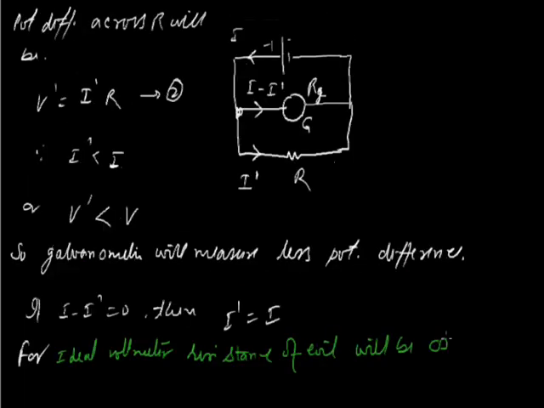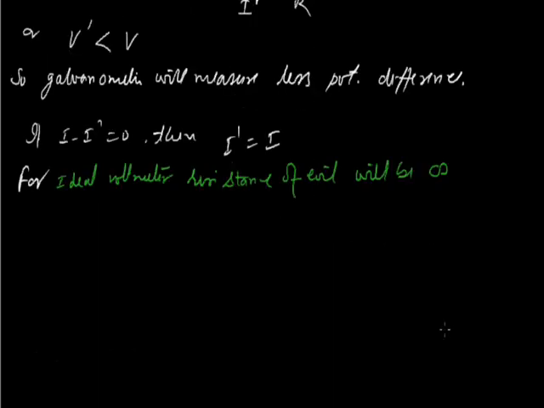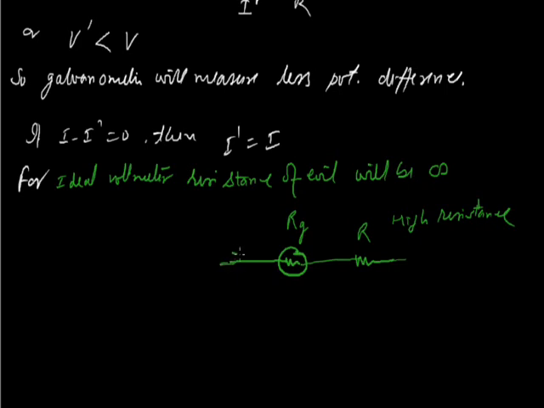We reduce the current I minus I dash by connecting a high resistance in series with Rg. So for the conversion of a galvanometer into a voltmeter, connect a high resistance in series with the coil. This one is the galvanometer coil, its resistance is Rg. A high resistance R is connected here. Now the total current is I and the potential difference V is to be measured.